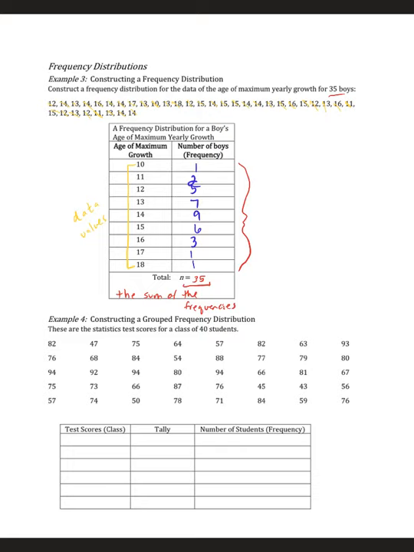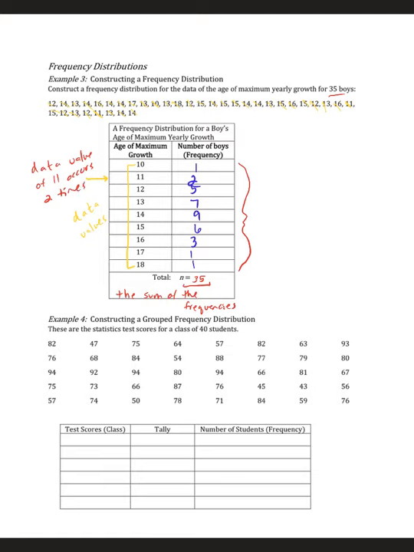Reading across a row, if we look at the data value 11, we can say that it occurs 2 times, because that's what the 2 represents.